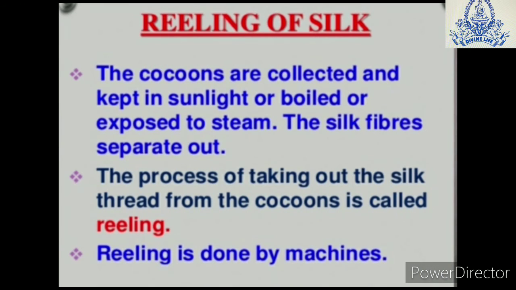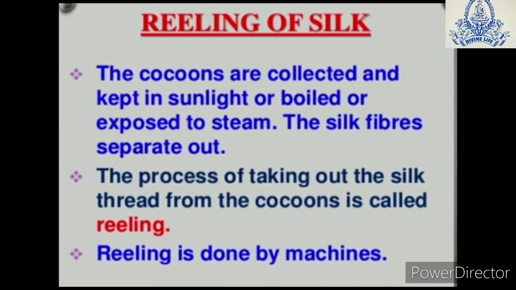The next step is reeling of silk. As we know, these cocoons are used to obtain silk thread. These cocoons are collected and kept in sunlight or boiled or exposed to heat so that the silk fibers get separated out. This process of getting silk thread from cocoon to use it as a silk fabric is known as reeling of silk.